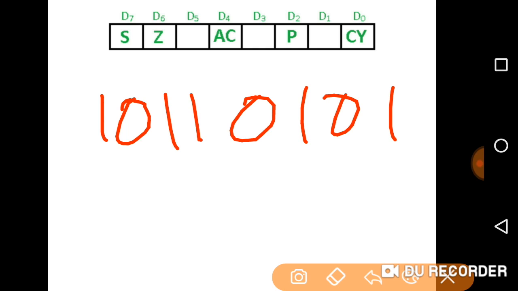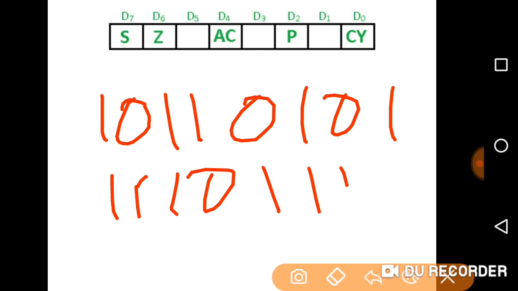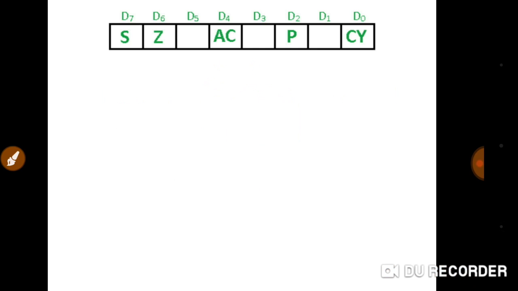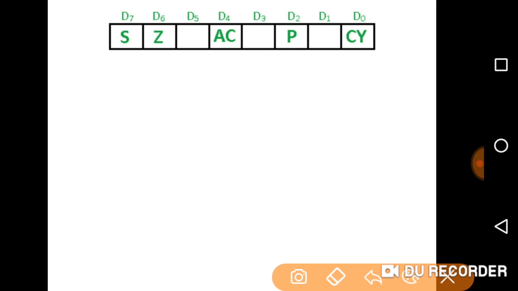There is another number, 1 1 1 0 1 1 1 1, like this. If at the time of addition of these two, one carry is generated and added to the bit D4, if this kind of situation occurs, then the auxiliary carry flag will be set, otherwise it will be reset as 0.